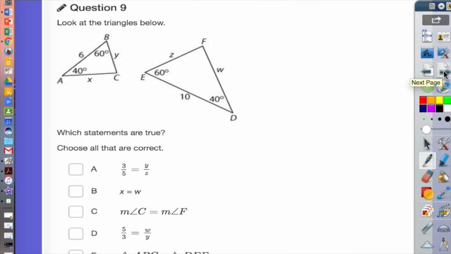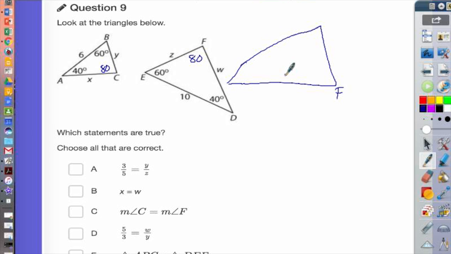And the final question, question 9. Okay, we need to look at this triangle, and we would turn this triangle slightly. This is 40 degrees, 60. That's 100. This angle has to be 80 degrees. And then if we were to turn this so that they're corresponding, then if I redraw that triangle, since they're similar, this would be F, and the D would be over.